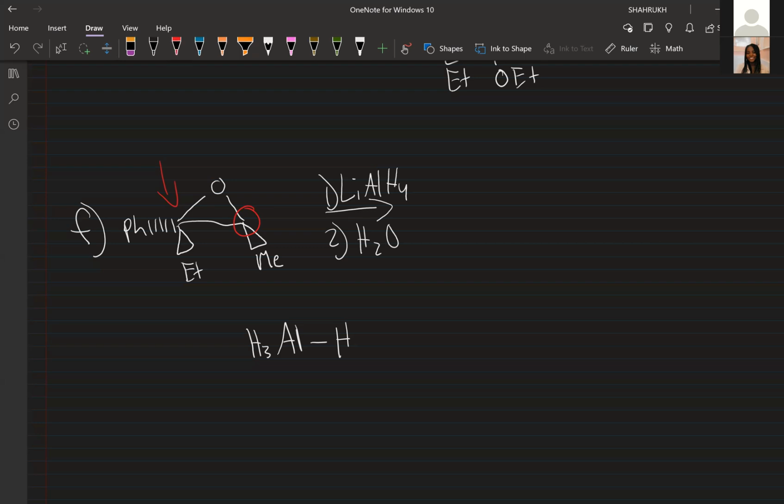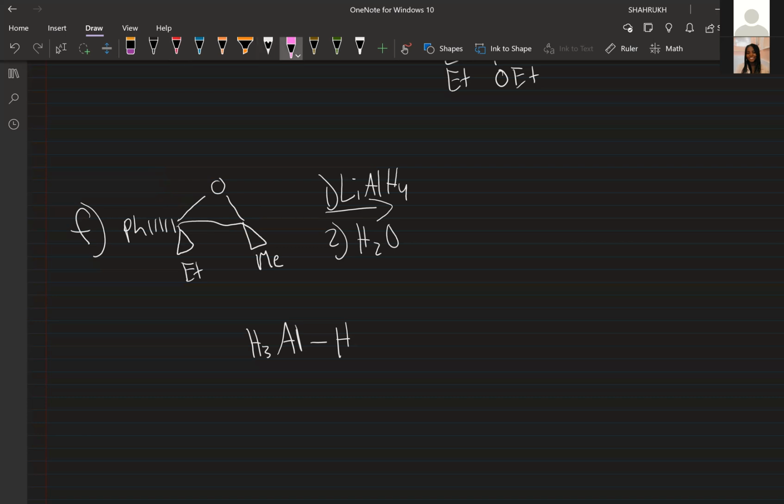But it can attack at the methyl group. Actually, I have to check. Maybe there is some literature where you could attack at a quaternary or tertiary position, but for the most part, you'll never see attacks happen at those positions.